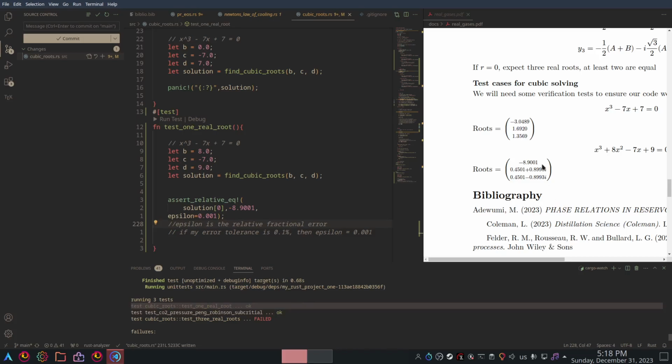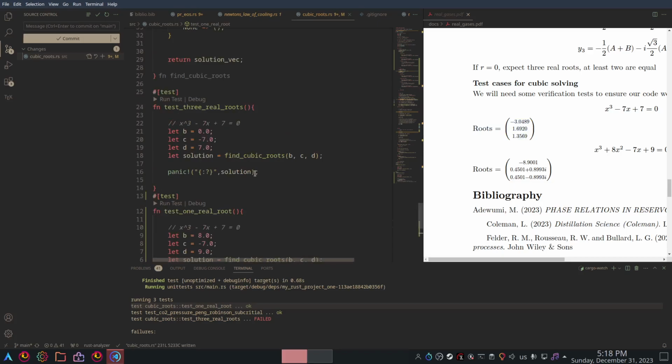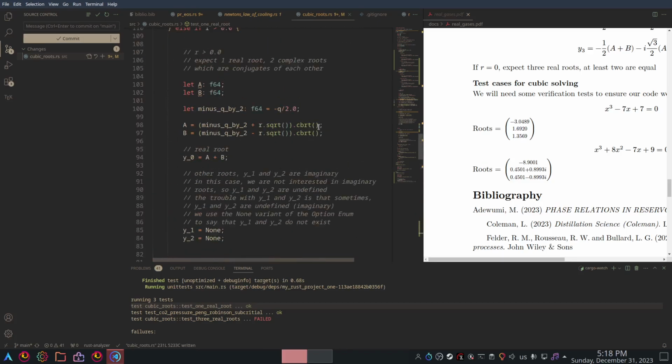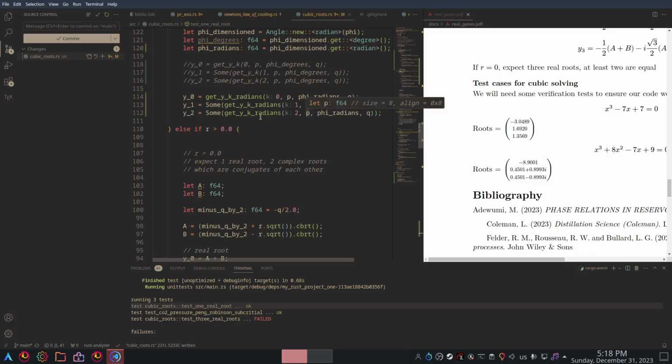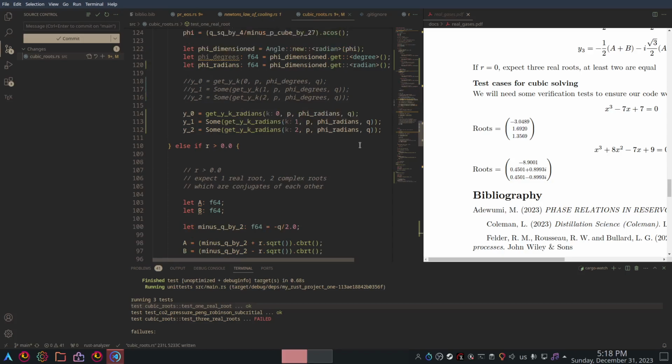So that's just saying that this code works for finding one railroad. But we still have to find the three railroads answer. We discussed that maybe the problem may not come from the constant conversion back and forth between radians and degrees.